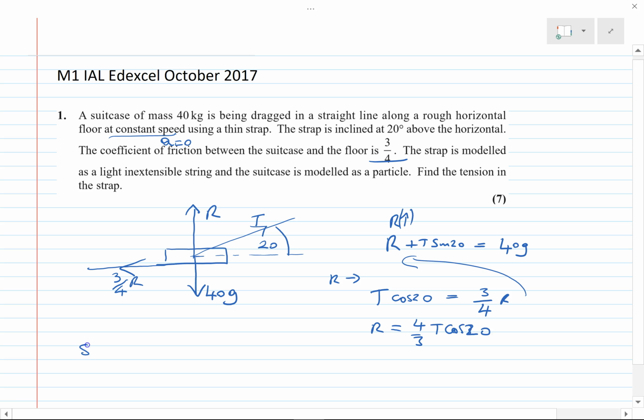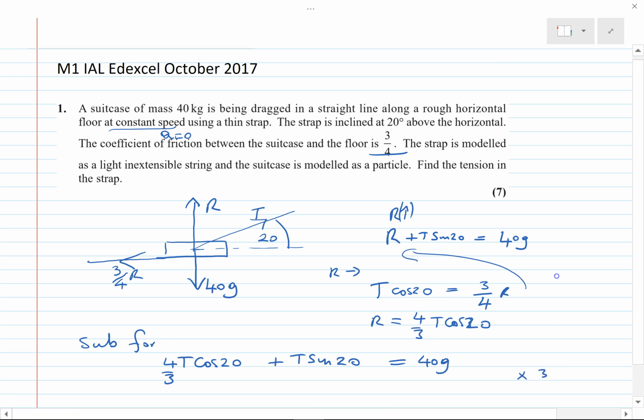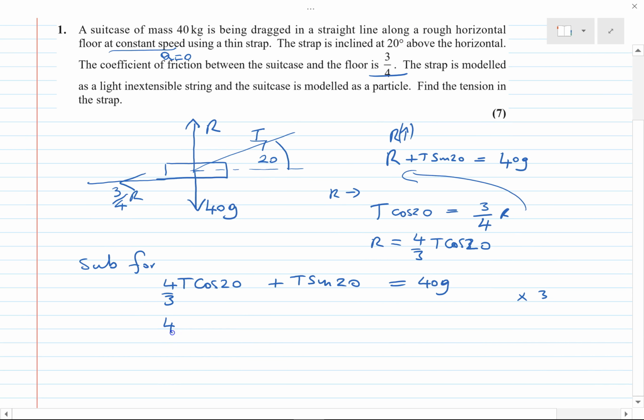So sub for R, we have 4/3 T cos 20 plus T sine 20 equals 40g. And I'm going to times by 3. So we've got 4T cos 20 plus 3T sine 20 equals 120g, so I don't get any stacked fractions.